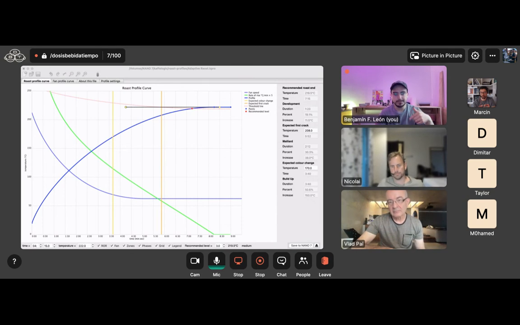So, reinvestigating the validity of the term development time ratio. But yeah, when is actually first crack?